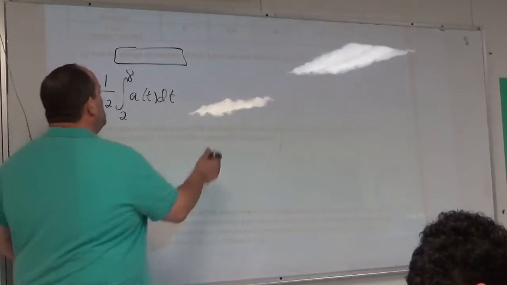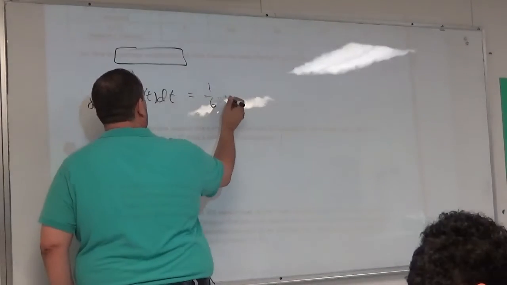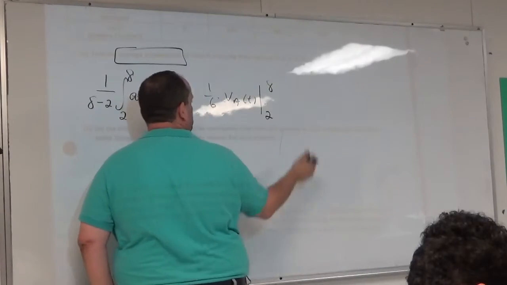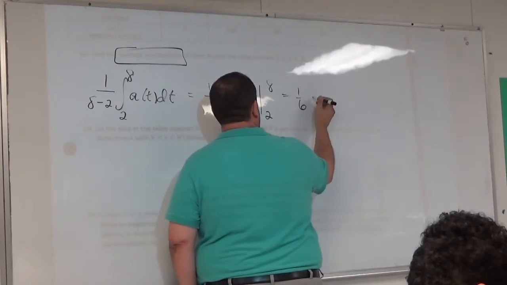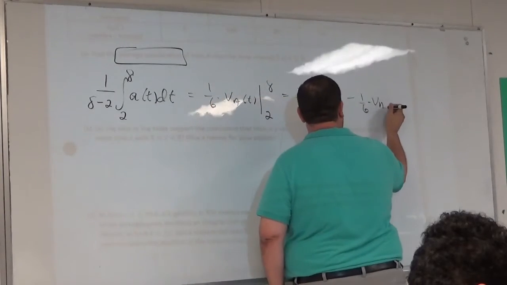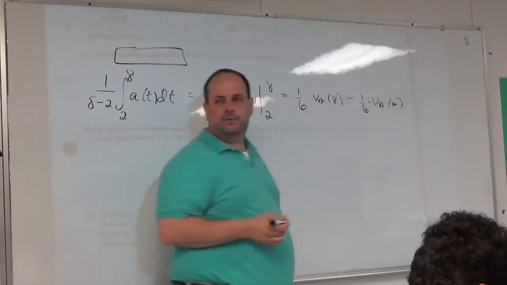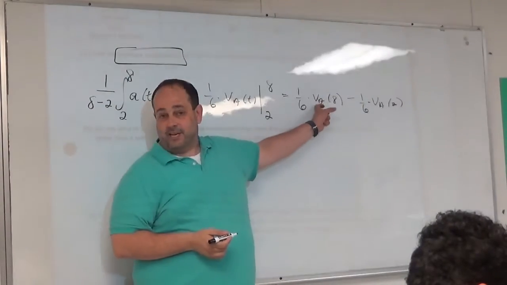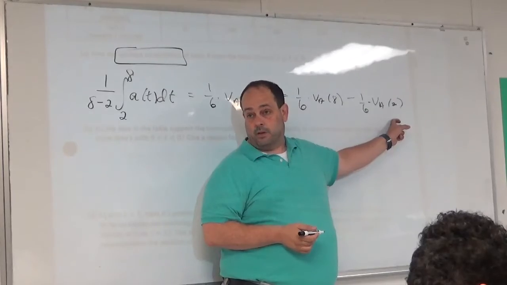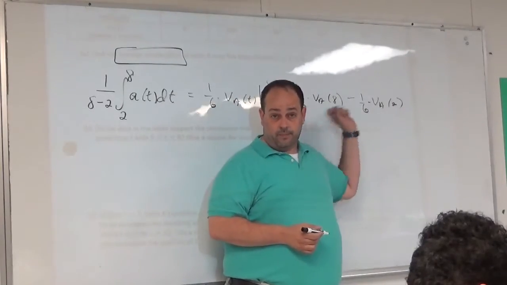So what you've got is 1/6 times the velocity from 2 to 8, which is 1/6 times the velocity at time 8 minus 1/6 times the velocity at time 2. The velocity at time 8 you had in the table, the velocity at time 2 you had in the table. That's one way you could do it.